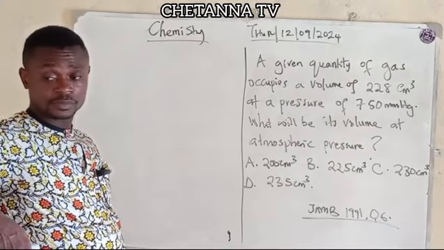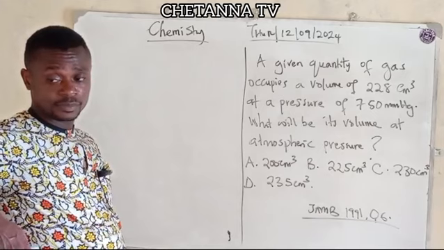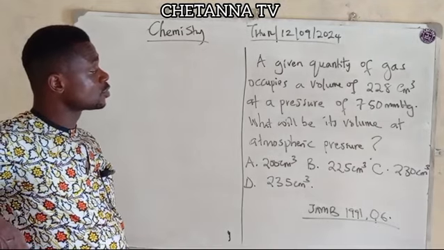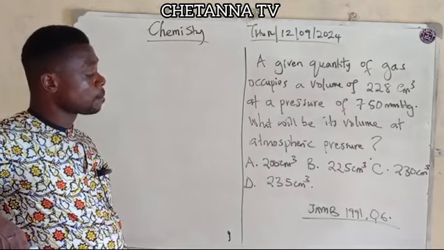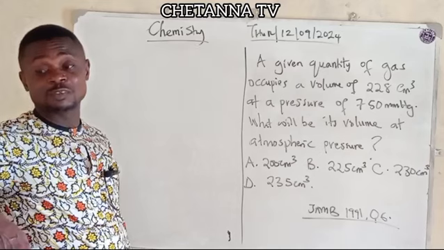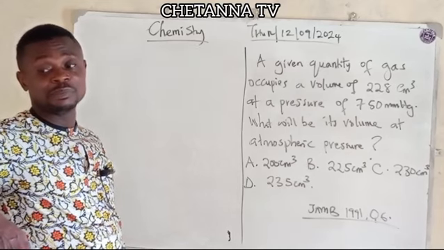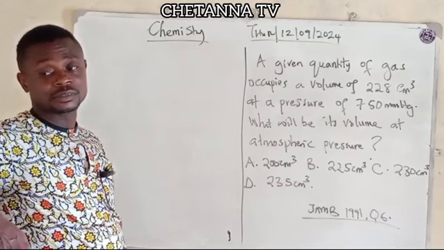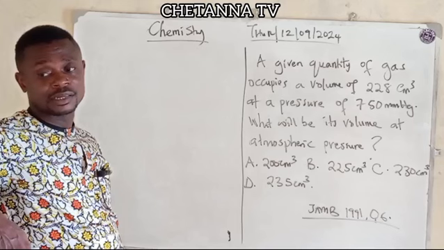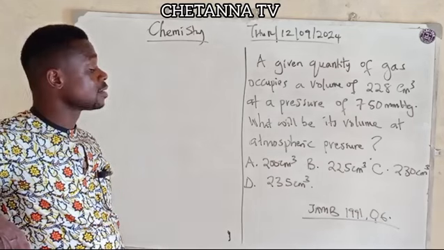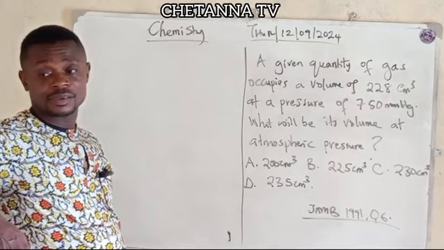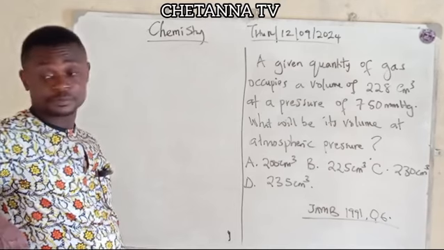We are looking for V2. P2 is atmospheric pressure. That's why I asked what the value of atmospheric pressure is in millimeter mercury. Okay, that is all. It's Boyle's law now.